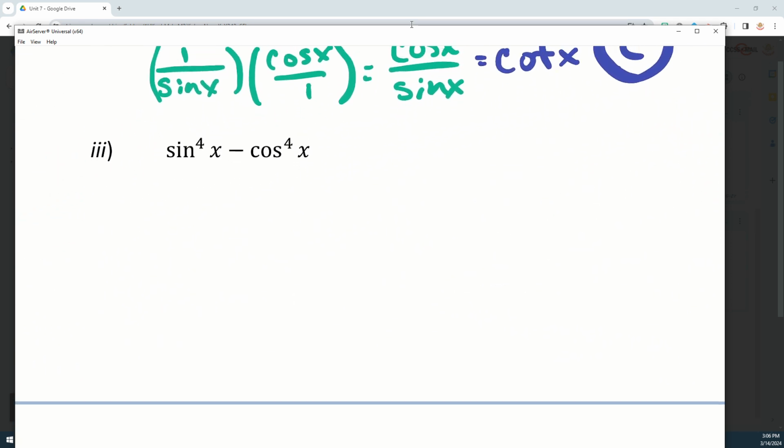Okay, so number 3 is not one I would expect you to know how to do before today. So what we're going to do is factor using the difference of squares.